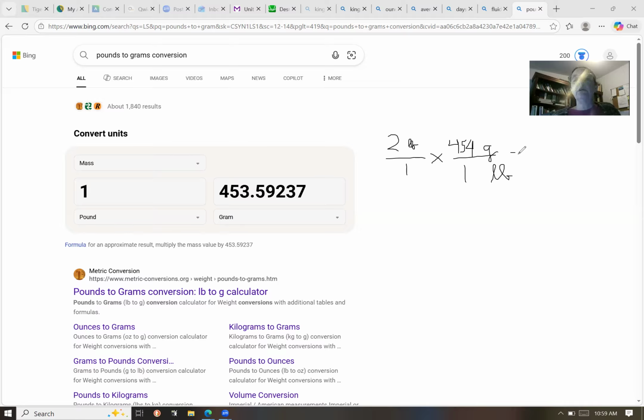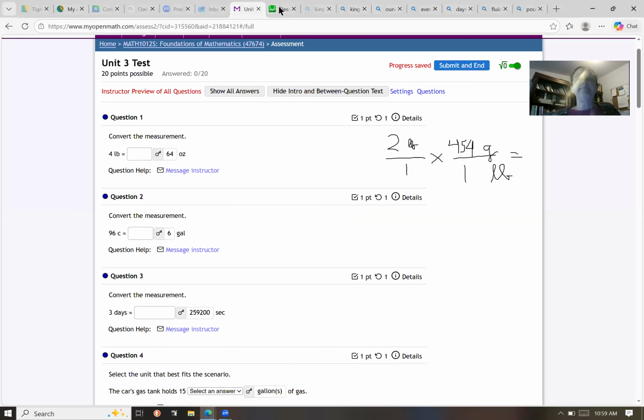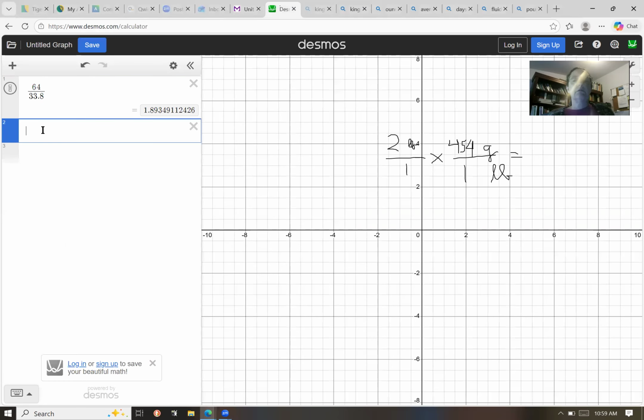Take 2 times 454 is 908 grams, and they have it listed as 907, so just a little bit of a rounding difference there. Or, you know, they may have carried their conversion out to more decimal places than needed.